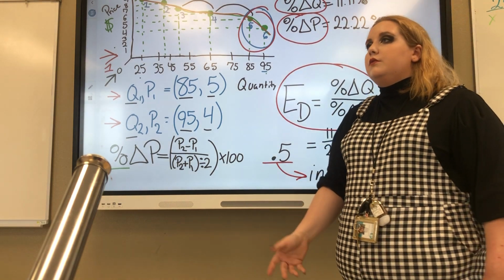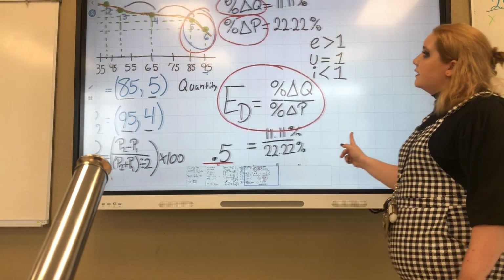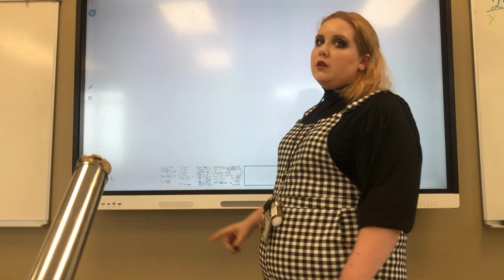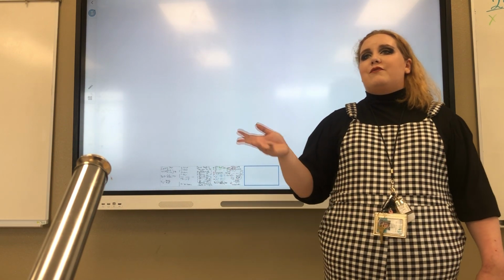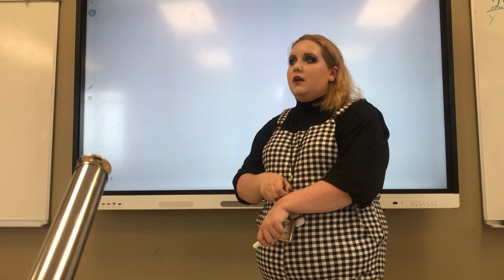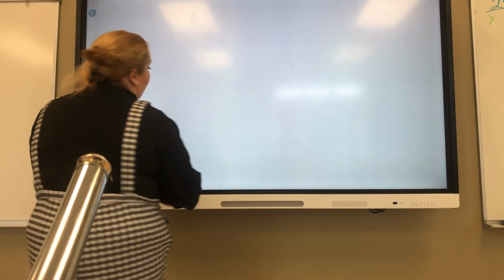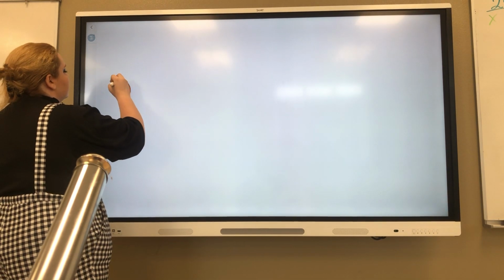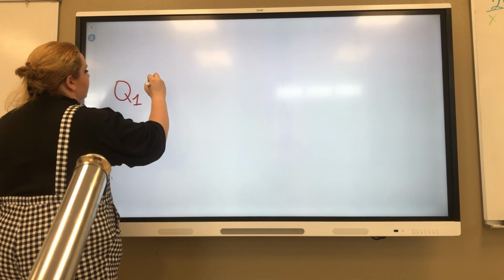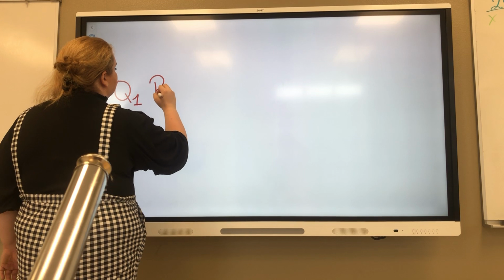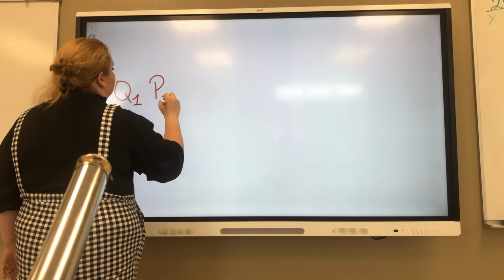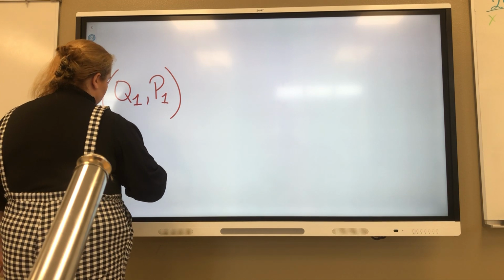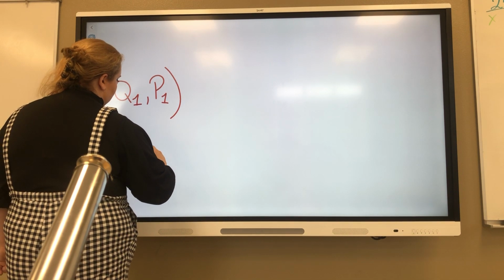What you guys have to do to turn in is very simply going to be looking at that other demand chart, the one for, I think it's like Forbes gas station. You're going to do points 1 and 2. So find out your Q1 and your P1, and then find your Q2 and P2.